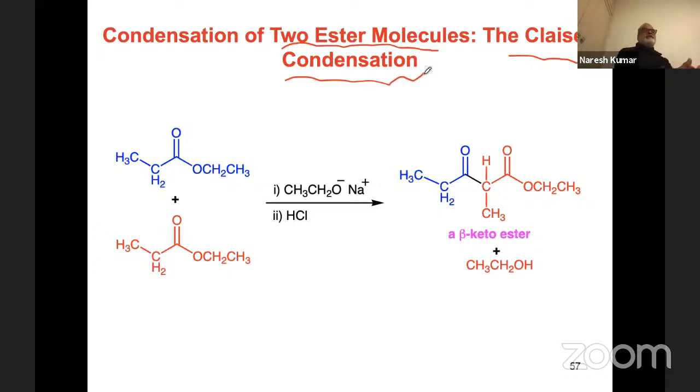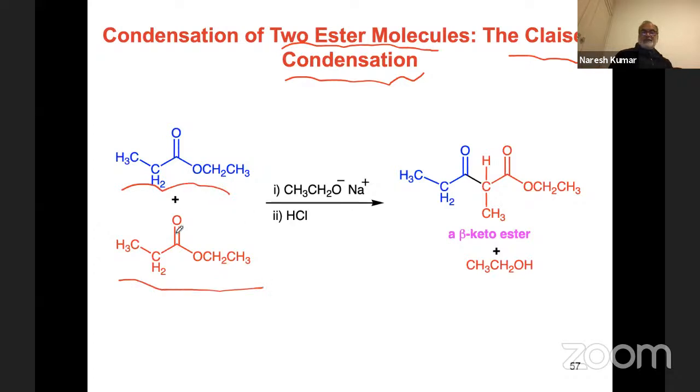Again, I want to emphasize that you shouldn't get too worried about the complicated nature of the structures. If you think logically, if you think about where the reaction is going to happen, you will have no problem working out what the products of the reactions are going to be. This is your 1 ester shown in blue, and the same ester shown in red.